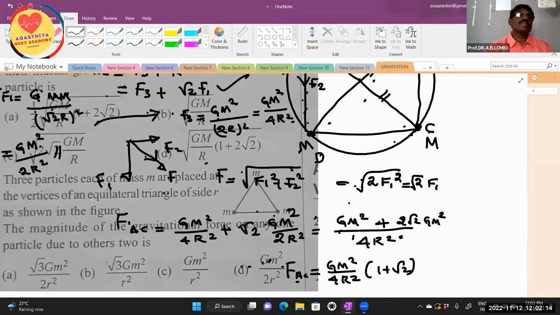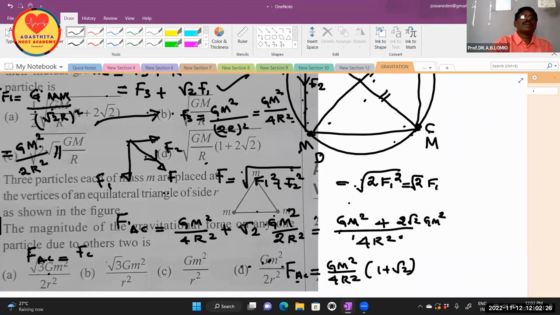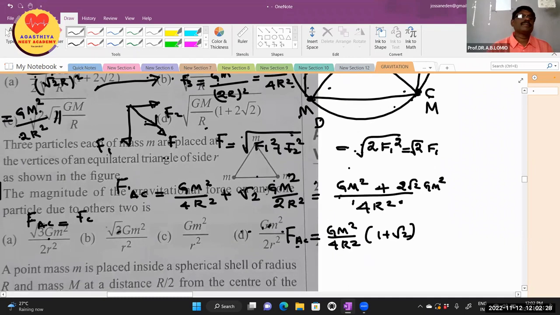That total resultant force is equated with the centripetal force. Fc is equal to mass into V squared divided by R on one side, and on the right-hand side, GM squared divided by 4R squared.